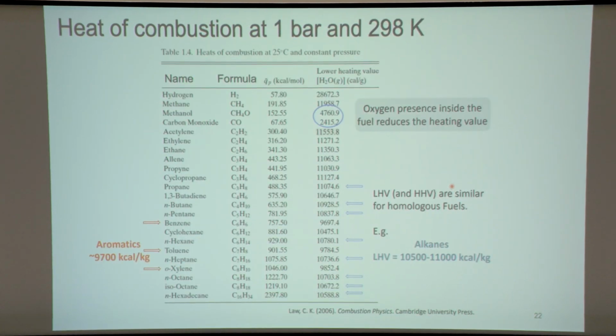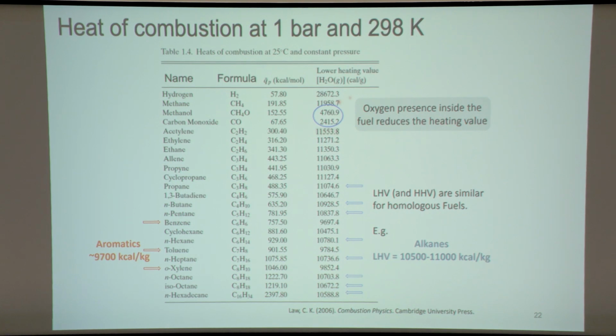So this is a table of the heats of combustion, the lower heating values, of different fuels. This is from Professor Law's book, Combustion Physics, 2006. I'm sure many of you might be using this one in your classes. There are some interesting things to note here.